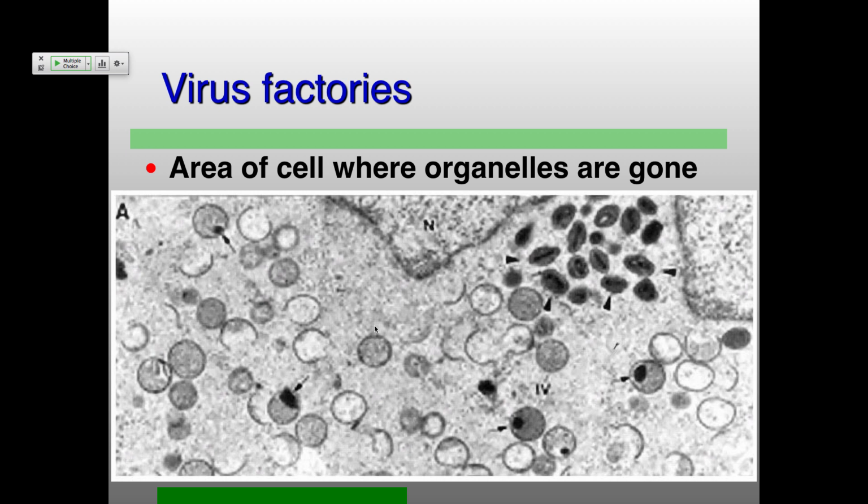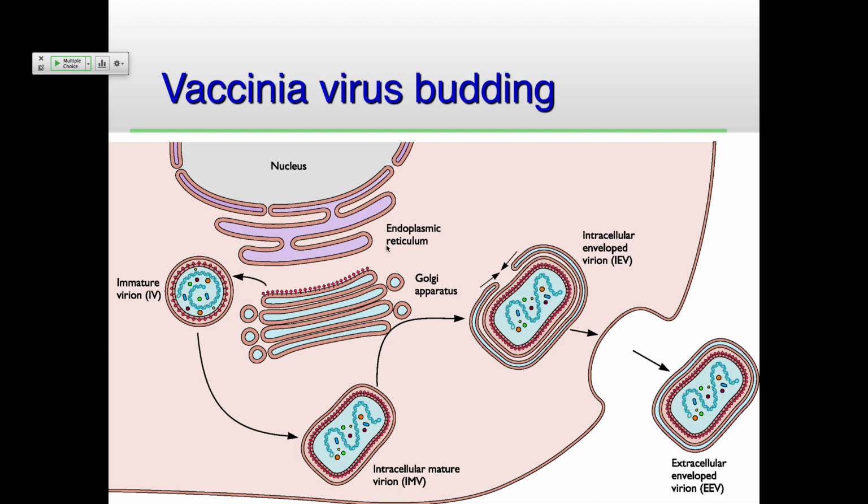So your virus factory, also called a virion factory, is where these are being produced. Once you have all of these, and this is the final mature virus particles right here, these then need to get outside of the cell. They actually will leave the virus factory and then go to the Golgi. And in the Golgi, that's where they pick up their single membrane.